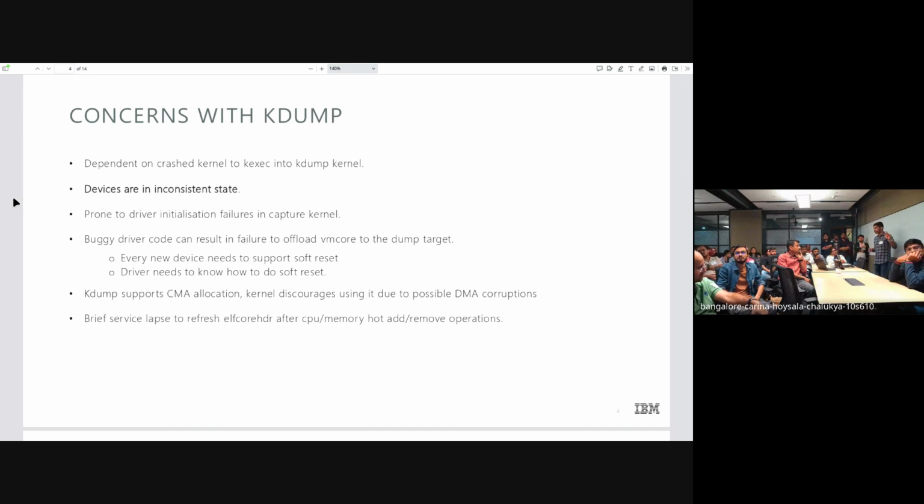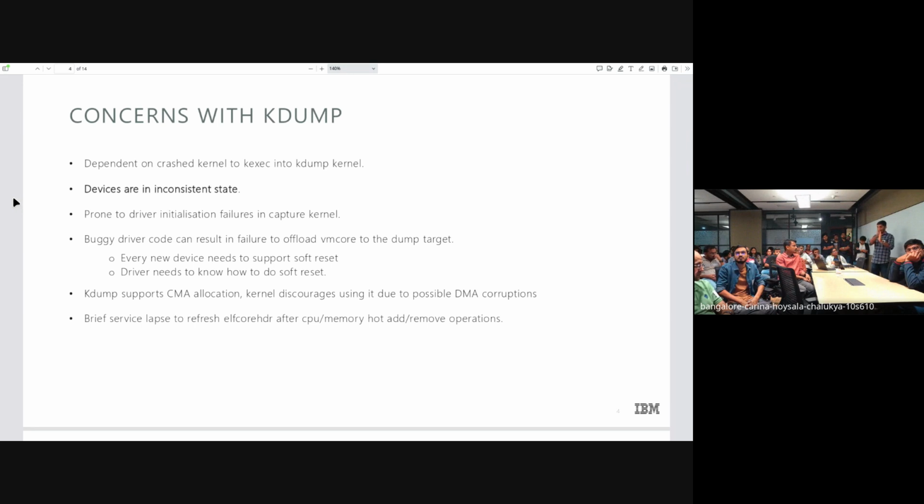So the first issue was depending on the crashed kernel to load another kernel. That itself feels very unreliable. Then the second major issue, which caused the idea of FA dump initially, is that the devices are in an inconsistent state. Imagine your kernel is running, devices might be doing DMA, your disk drivers are running, your network drivers are running, everything is running.